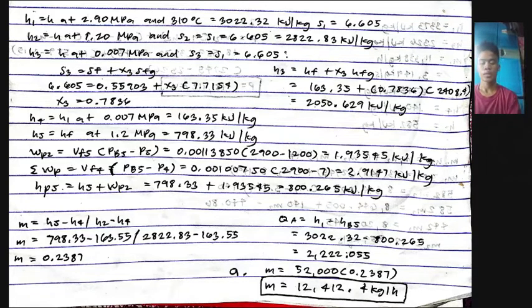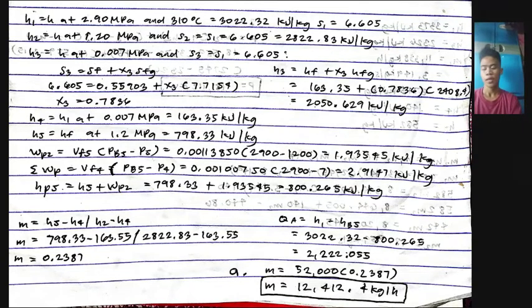Okay, since the following data already have a value, M equals 798.33 minus 163.55 over 2822.83 minus 163.55, and calculating it, M equals 0.2387. Next, QA equals H sub 1 minus H sub 5, and the following data already have a value.